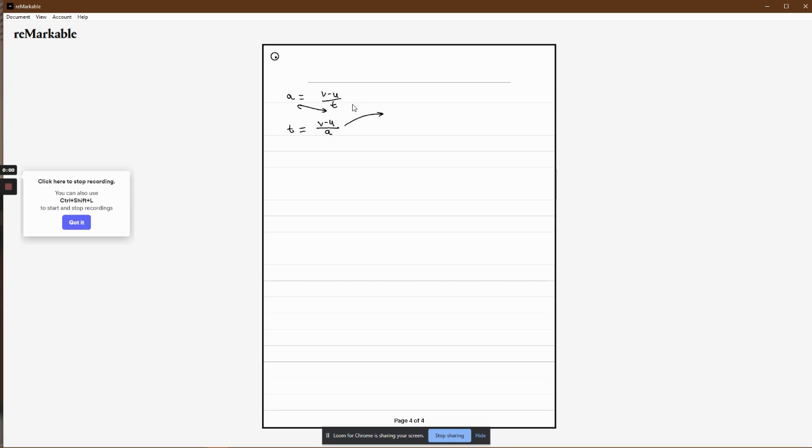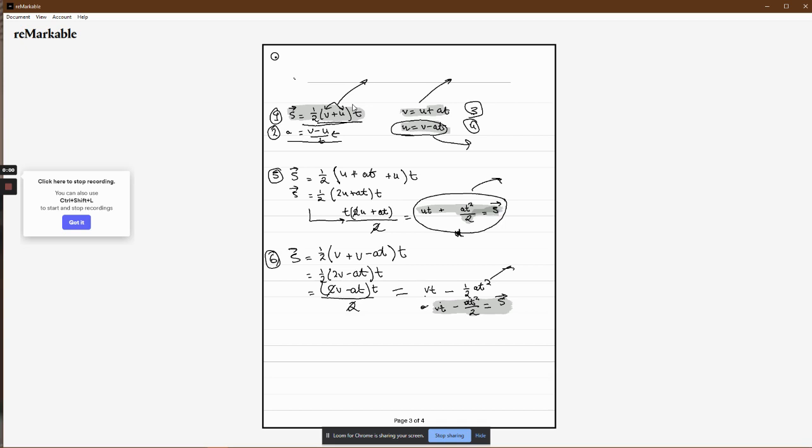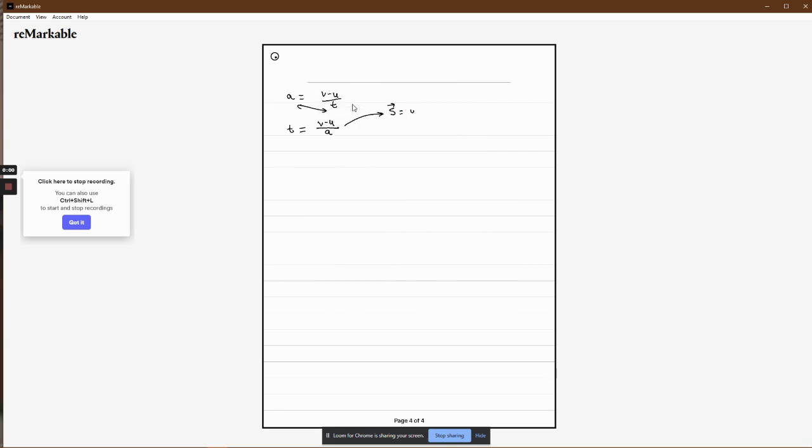And we know the formula for the previous one is s is equal to, make sure I draw my arrows, nice, s is equal to ut plus half at squared. Right, now substitute t wherever you go. It's going to be a long process. v minus u over a plus half a and v minus u over a whole squared.